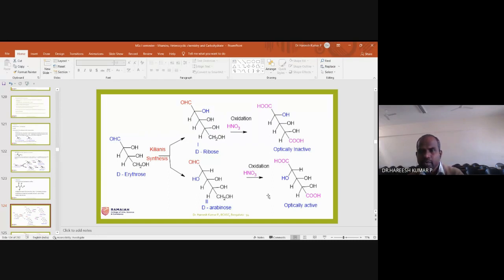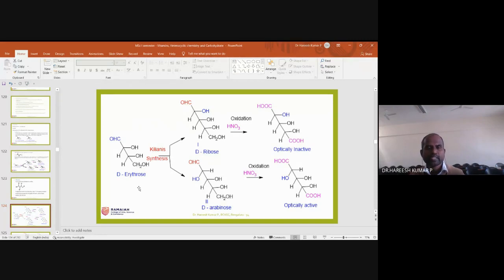Then arabinose, when it is subjected to nitric acid oxidation, gives an optically active compound. Why? Because it does not contain a plane of symmetry. That is the reason it is optically active. So what does it mean?